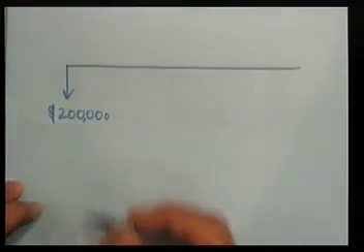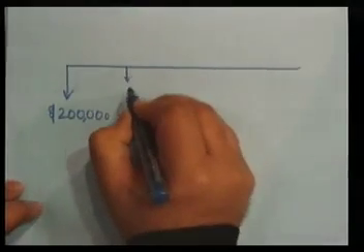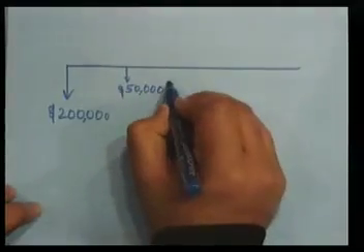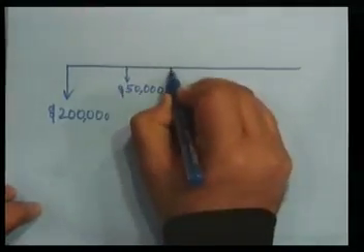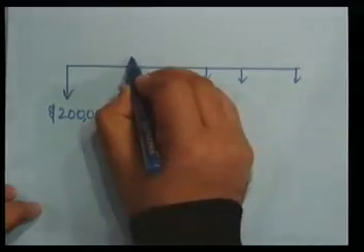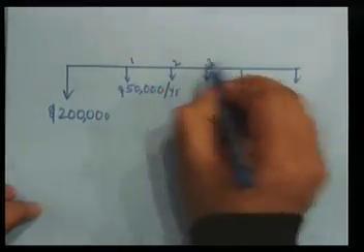My overhead costs are $50,000 every year for the next 5 years. This is year 1, 2, 3, 4, 5.